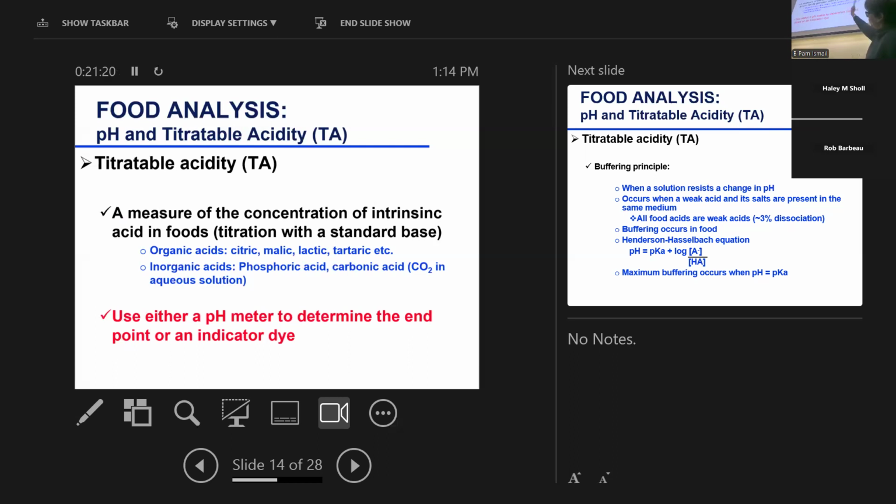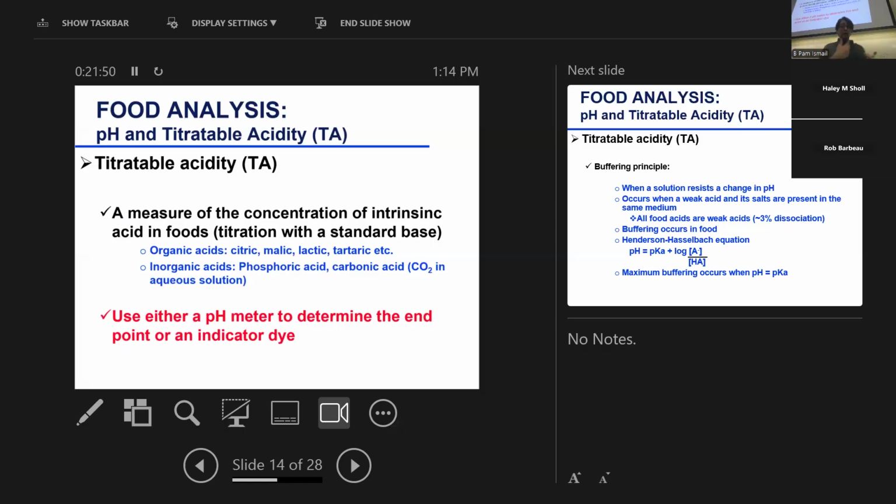Sometimes in beverages that you find in the market, high protein beverages have phosphoric acid. Carbonic acid is present in soda beverages. It is basically when you bubble in CO2 to make your soda fizzy, CO2 reacts with water to give you carbonic acid.